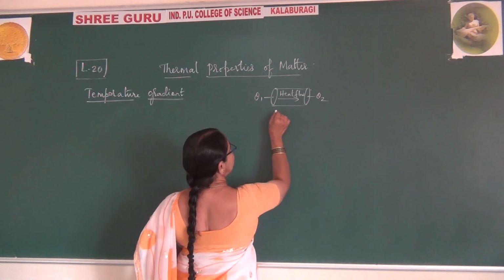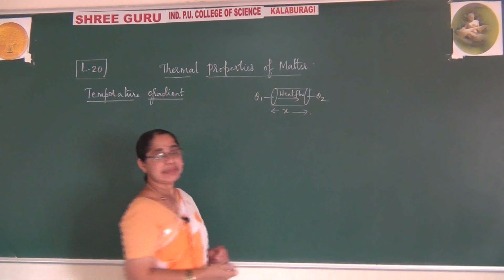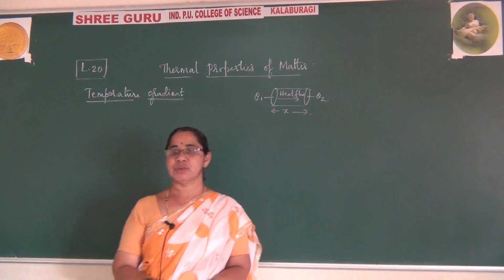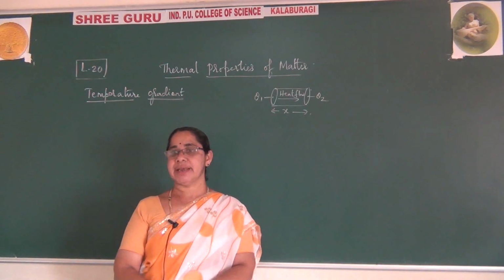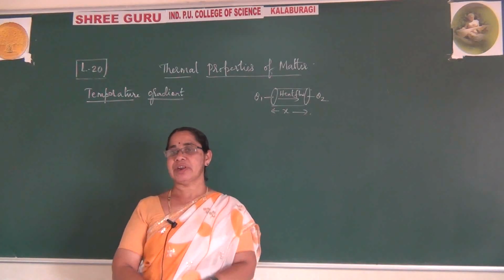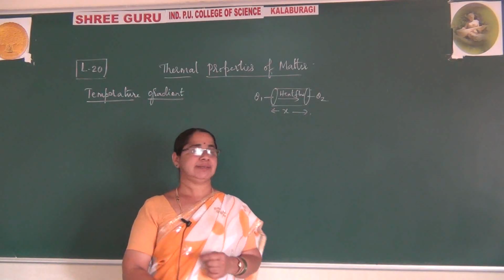Now remember, the distance between them is represented by x. Between the two end faces of the rod, or whichever substance you have selected, the distance from one end to the other end is taken as x.